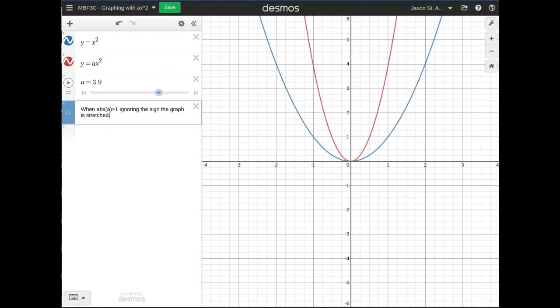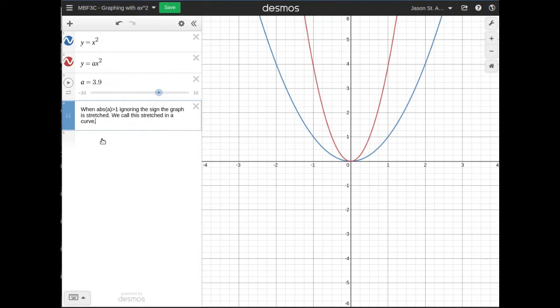So essentially, when we take a look at our graph, if we just ignore the sign, the graph gets stretched, gets pulled taut, gets smaller than the original base graph of y is equal to x squared. So when I stretch my values, I end up with a skinnier graph, okay? So we say that the curve is stretched in this case.